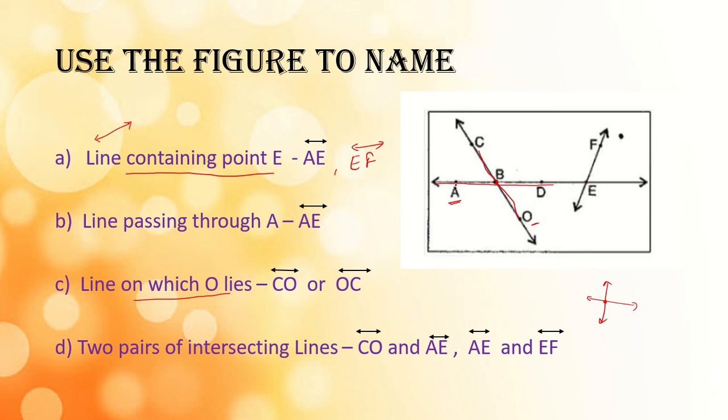These two lines. And another example I have taken is AE and EF. Again you are getting a common point after cutting, that is E. So this one is another example of intersecting lines.